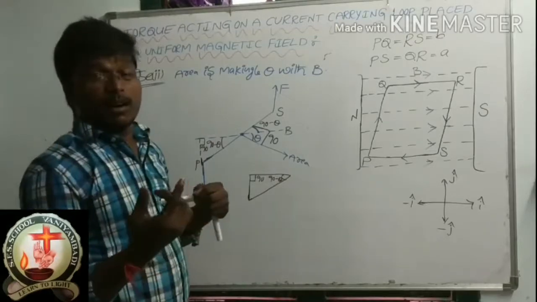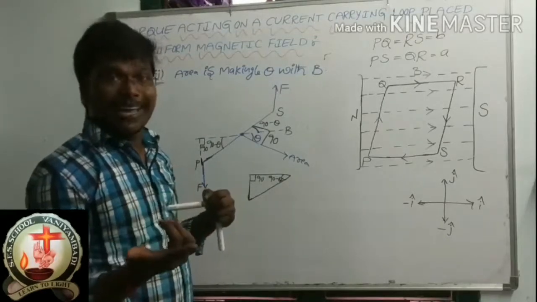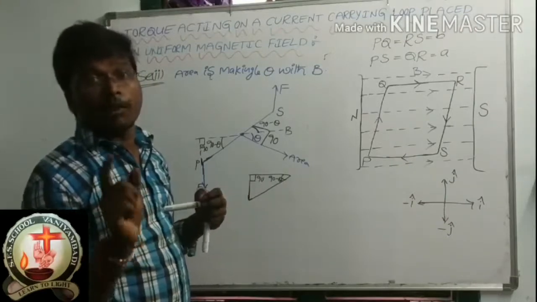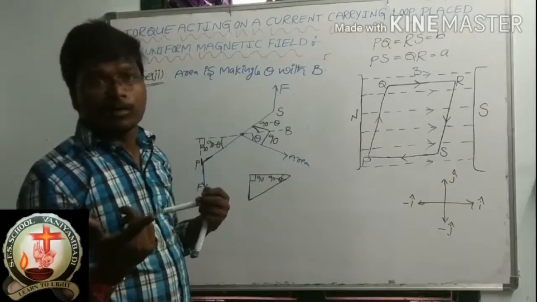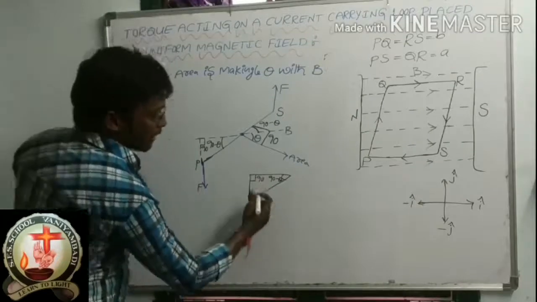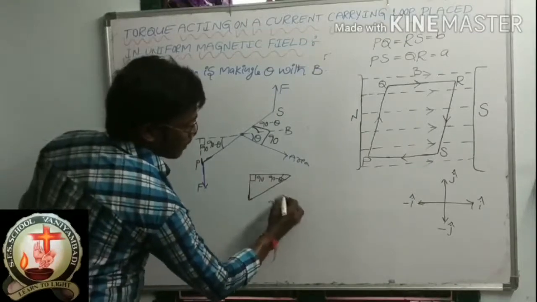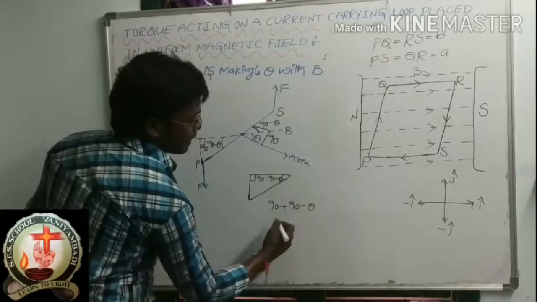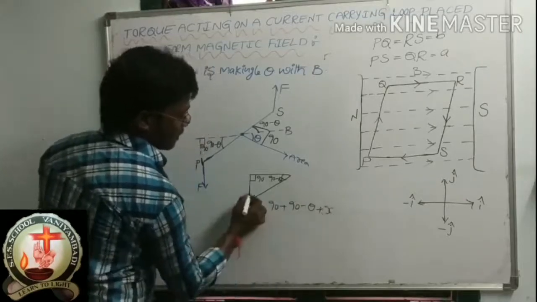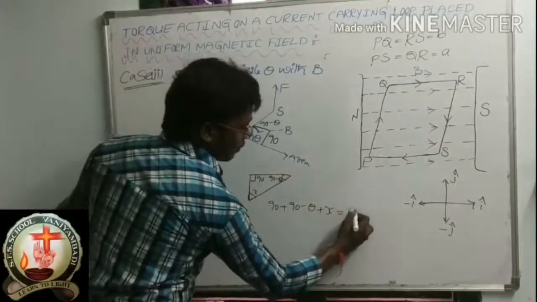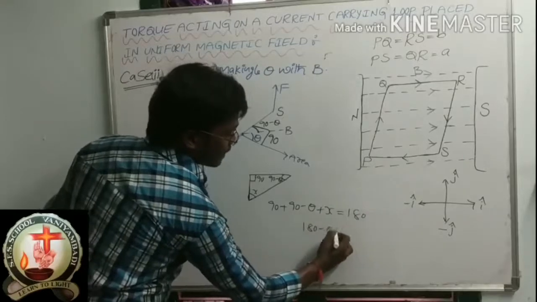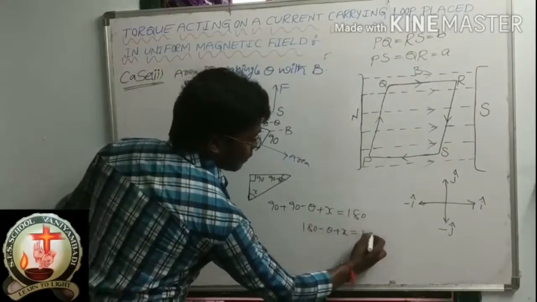We already know the sum of all the angles of a triangle is 180. So 90 plus 90 minus theta, and here we don't know, so I take this one as x, is equal to 180. Then 90 plus 90 is 180, minus theta plus x is equal to 180.